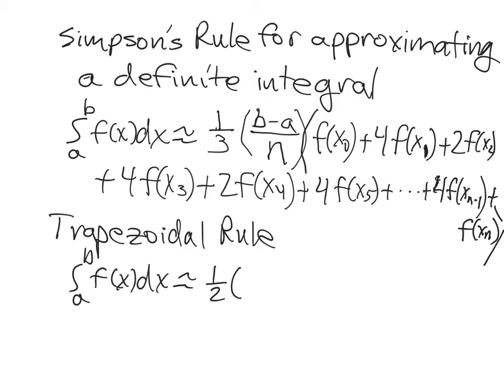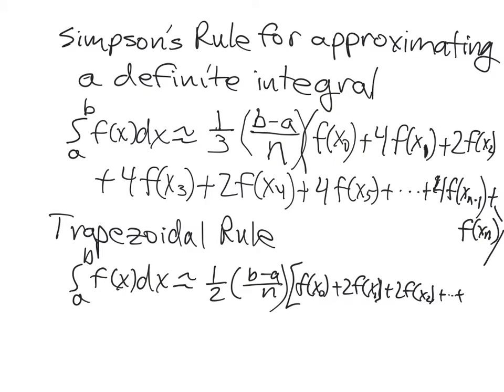It's 1/2 times the b minus a over n, and then times f of x sub 0 plus 2 f of x sub 1 plus 2 f of x sub 2, and so on, plus 2 f of x sub n minus 1, and then finally, again, just the 1 at our endpoint.